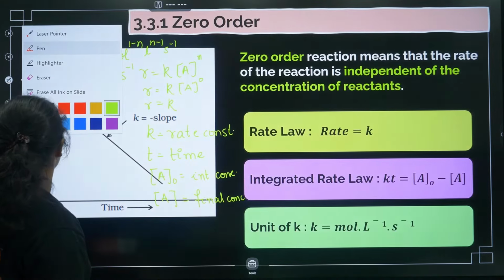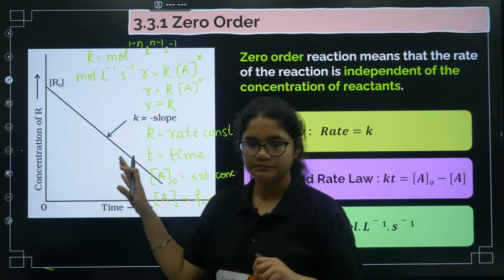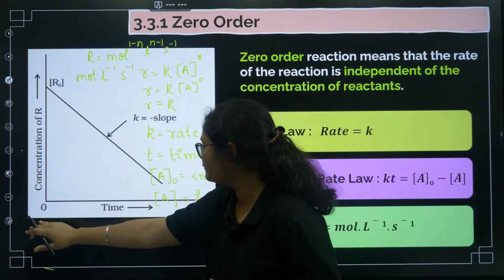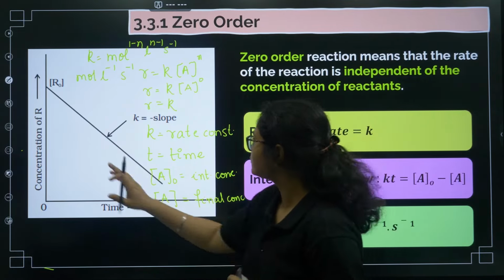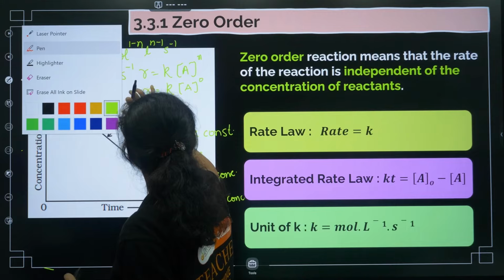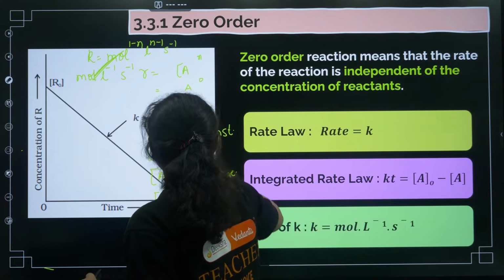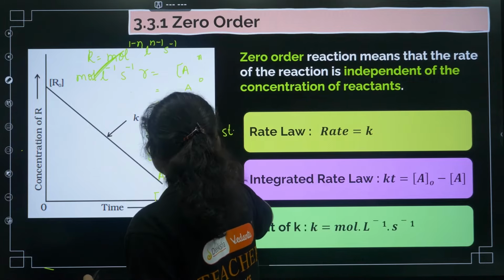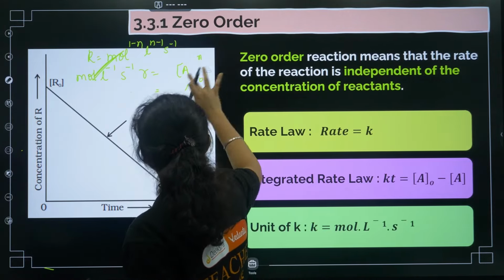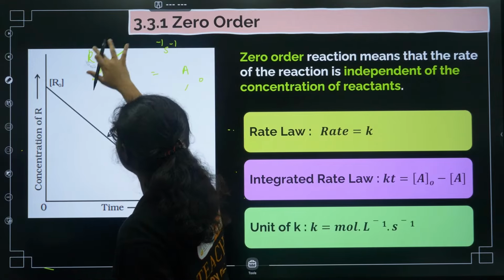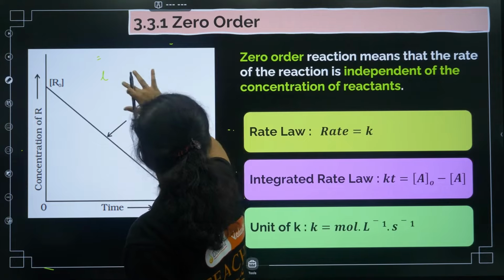If I draw a graph for this one, rate versus time graph. I will erase this one second, just a minute. I'll write these terms again. You can see this can be a straight line graph of the integrated equation.